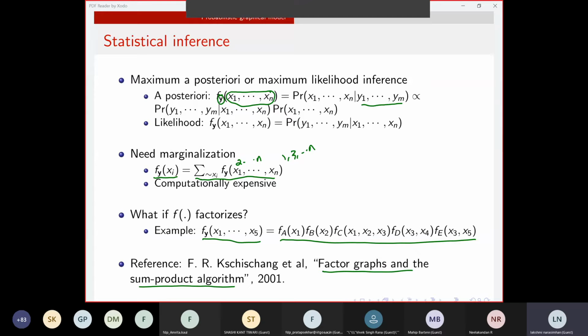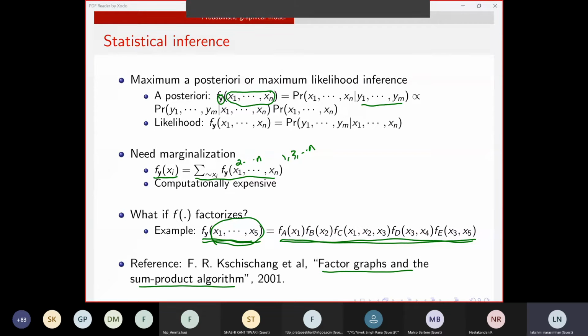If this objective function factorizes into other functions, that is, if you can write it as a product of some other set of functions, in this case fa to fe, these functions are functions of some subset of these 5 variables. So we have these 5 symbols that we have to identify, and we have broken down this big function into a product of some other smaller functions. Because it can be broken down into a product of smaller functions, it will be easier to perform this marginalization.